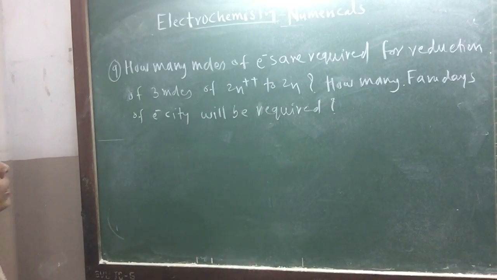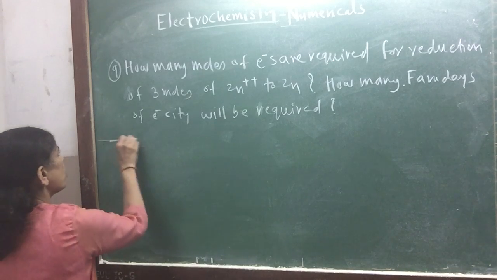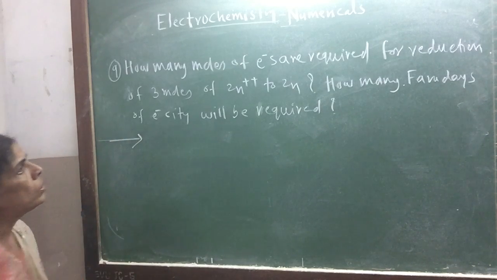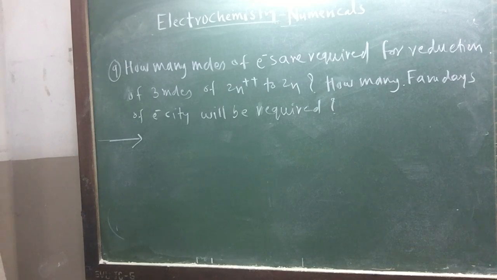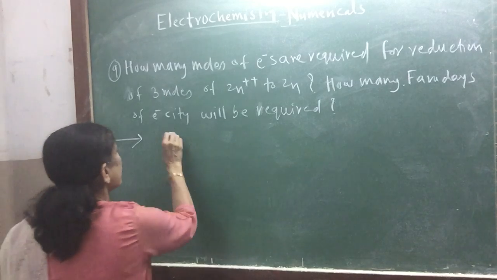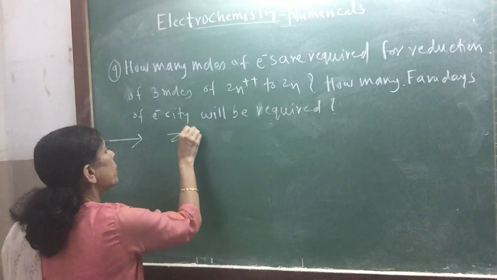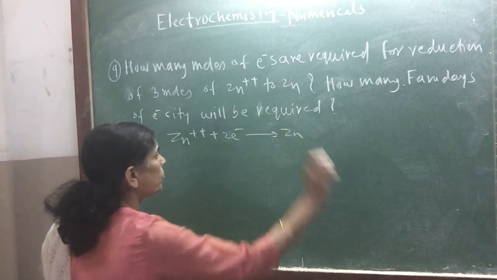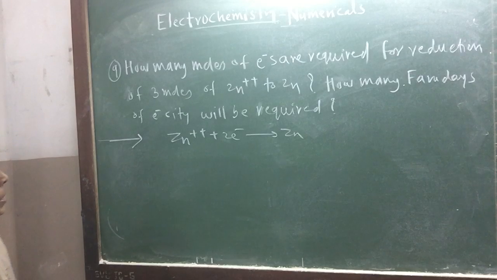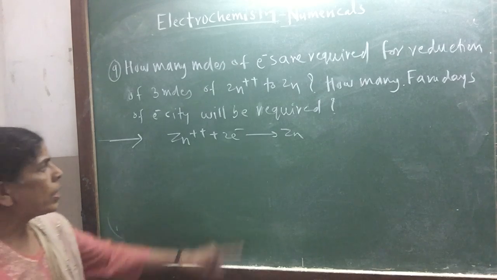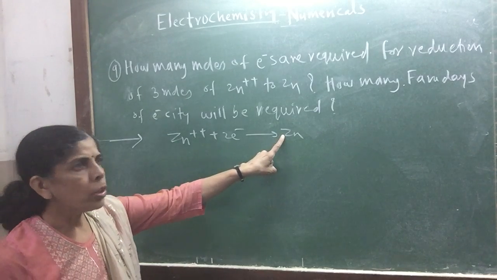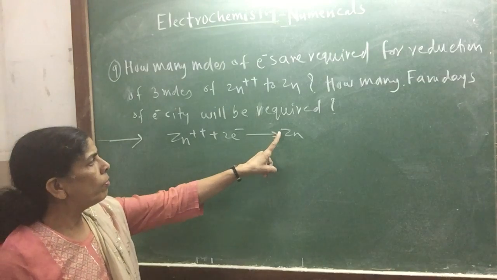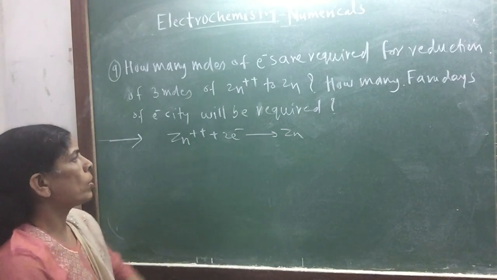So first of all, we have to write down the reaction for reduction of Zn2+ ions. Zn2+ plus 2e- giving Zn. So from this particular equation, you can understand that for deposition of 1 mole of zinc, 2 moles of electrons are required.